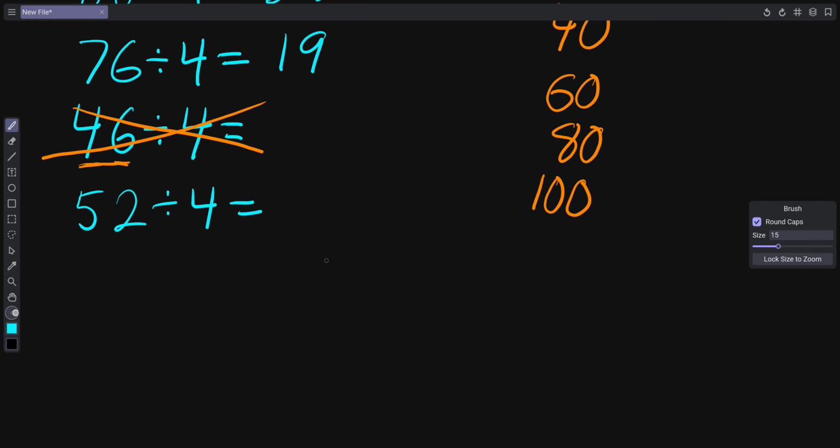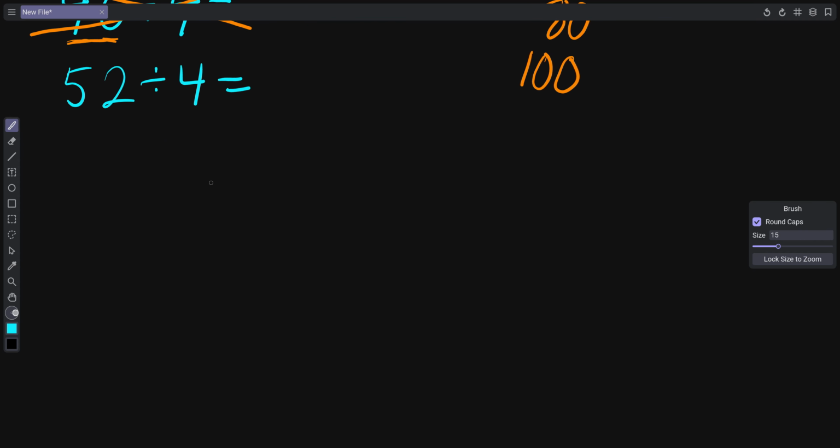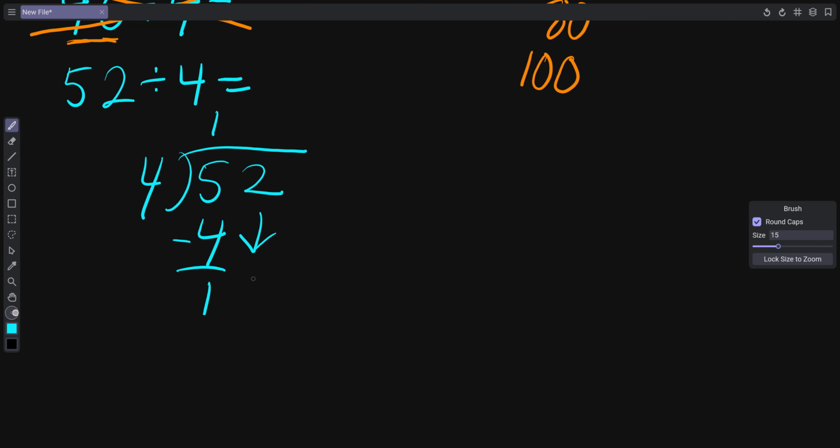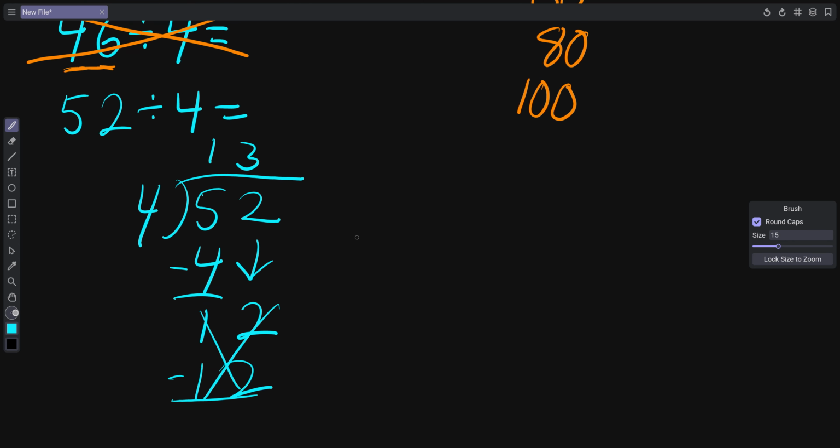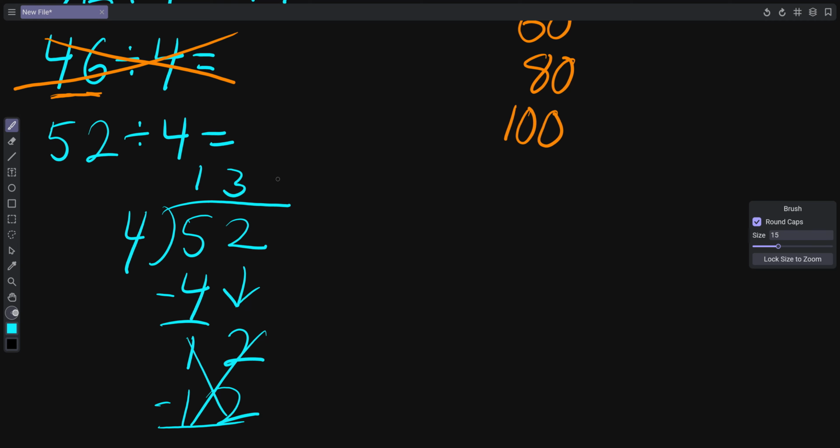So we take 52, we take 4, 4 will go into 5 once, 5 minus 4 equals 1, we drop down the 2, 4 will go into 12 3 times, and 4 times 3 equals 12, these cancel, and we are left with 13 as our final answer.